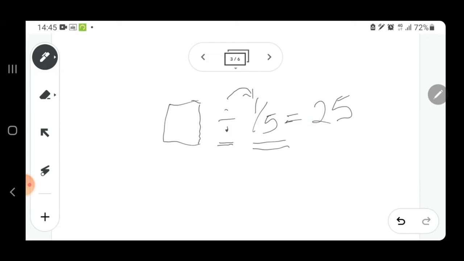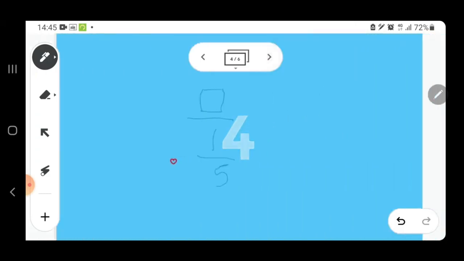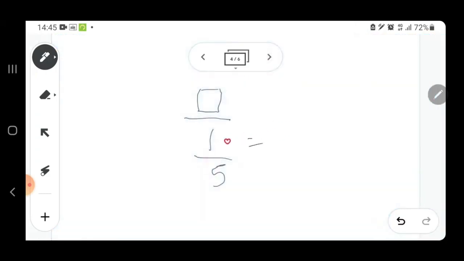This is just to make it easy for you, because remember that we are flipping this and changing this. So if we're going to rewrite the question, it's going to look something like this: an empty box multiplied by 5 over 1 equals 25.